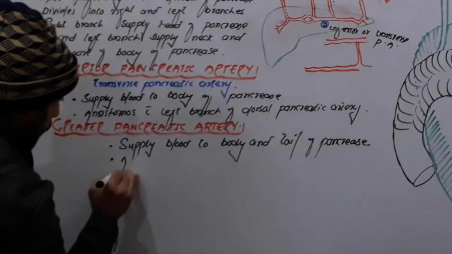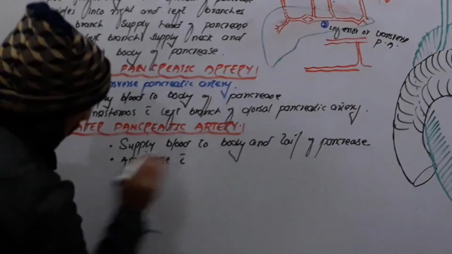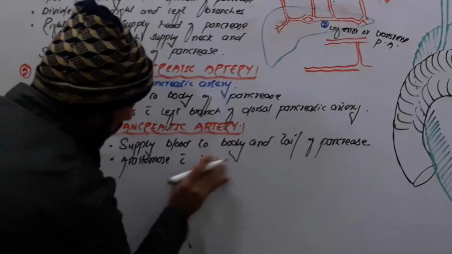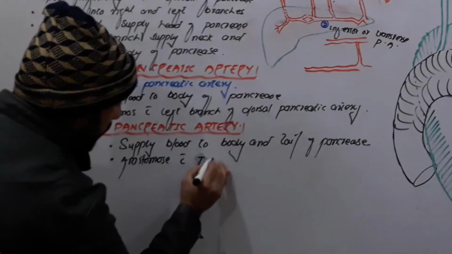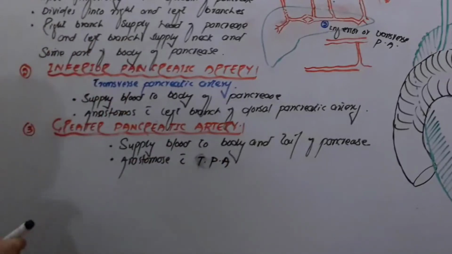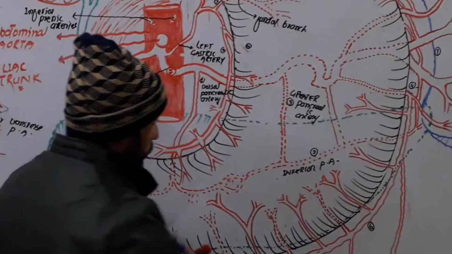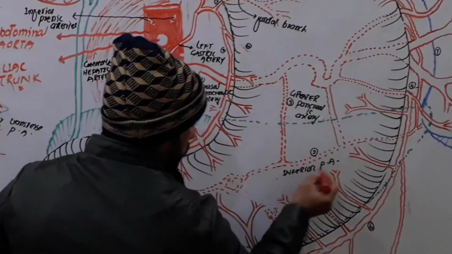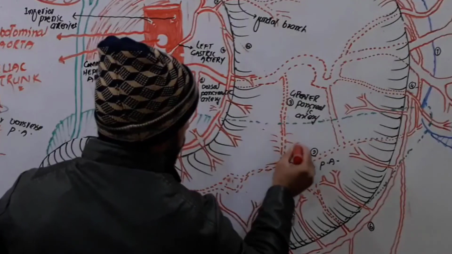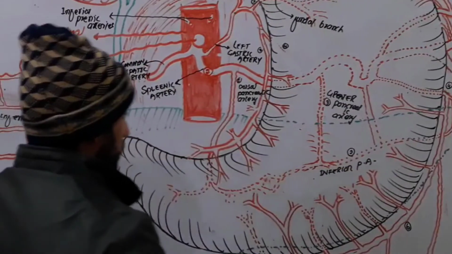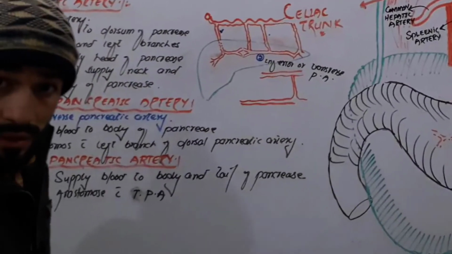Then it anastomoses with the inferior, or we say transverse pancreatic artery. You can see here it has made an anastomosis with the transverse or inferior pancreatic artery, and it gives branches to the body of the pancreas and some parts of the tail of pancreas also.